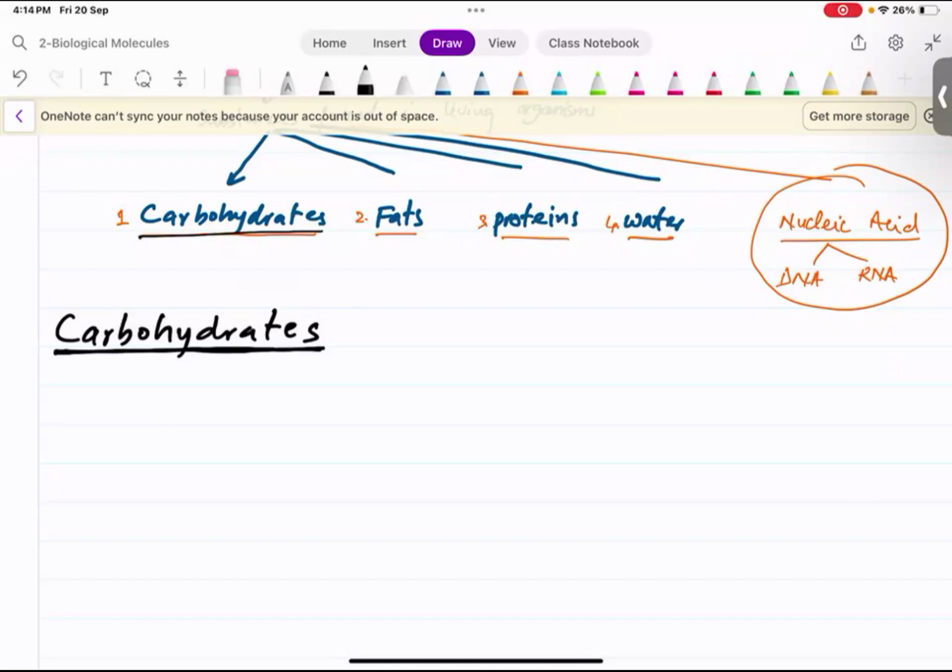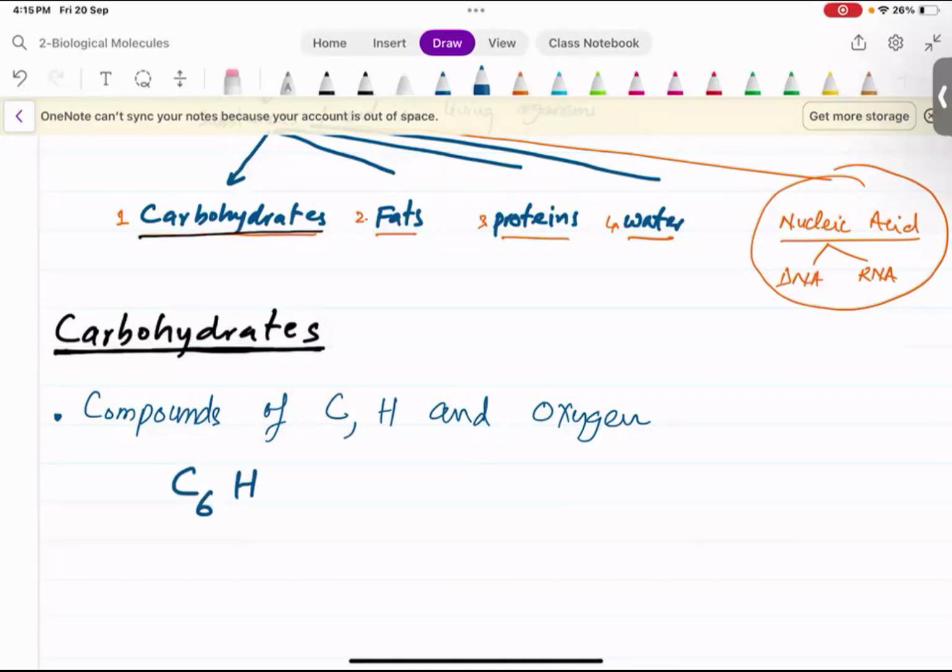So carbohydrates are compounds of carbon, hydrogen, and oxygen. If you remember the formula for glucose, for example, you might remember it is C6H12O6. Do you see? So it has carbon, hydrogen, and oxygen.